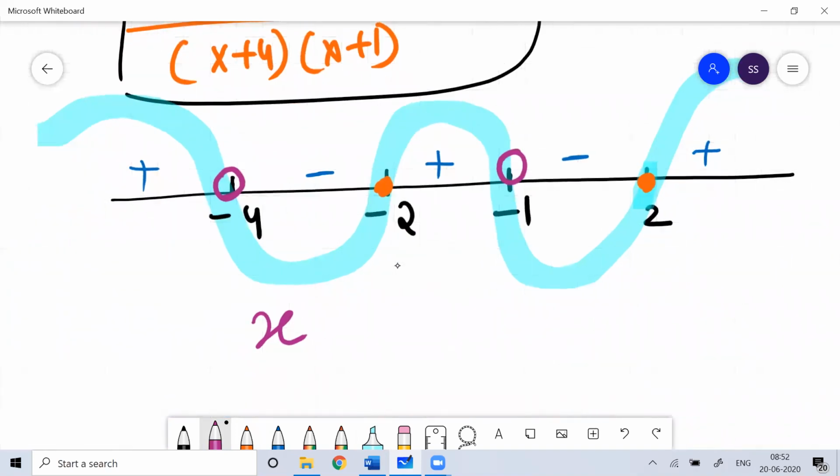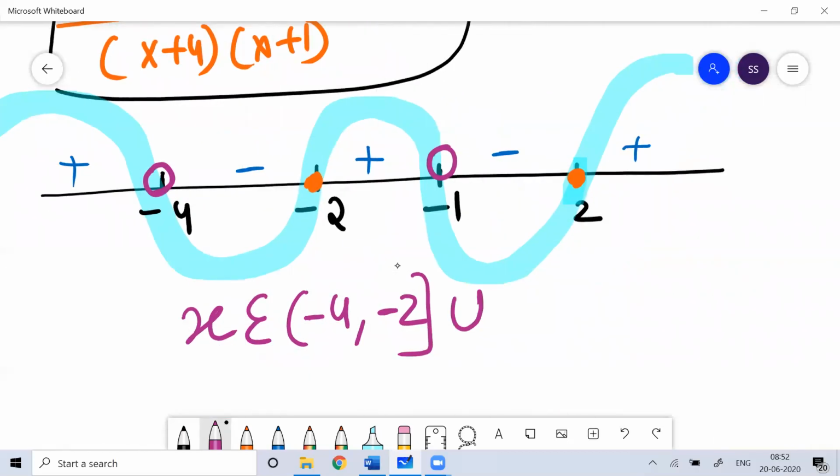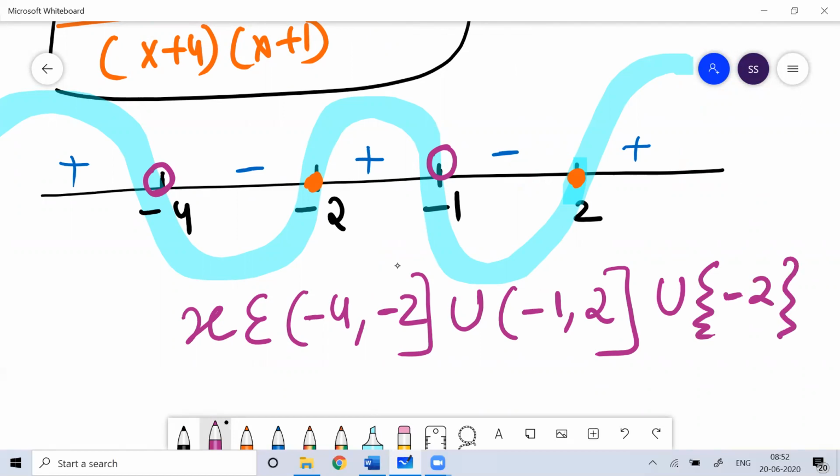Less than or equal to, so x is from minus 4 to minus 2 inclusive, union of minus 1 to 2, this is not inclusive at minus 1, close bracket at 2. Sorry, minus 2 is already there. Already we have included minus 2.